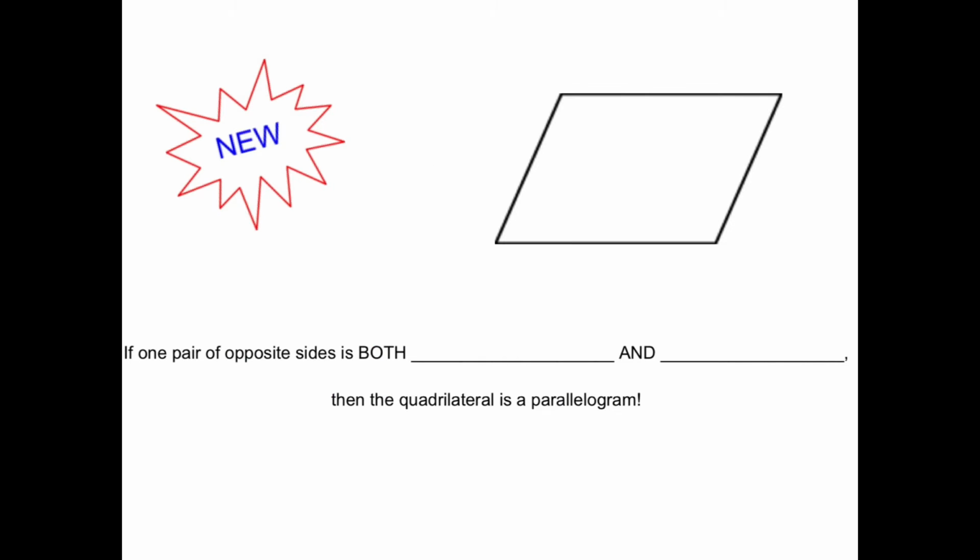In addition to those 5 things working both ways, there is also a new property, a new test. If one pair of opposite sides are both parallel, which remember looks like the arrows, and congruent, which remember are the tick marks, then the quadrilateral is a parallelogram.